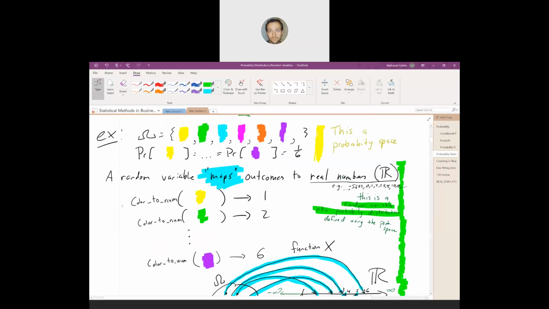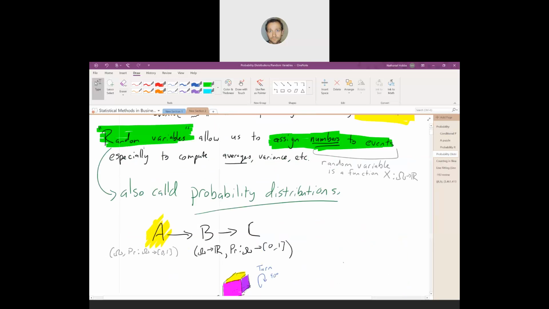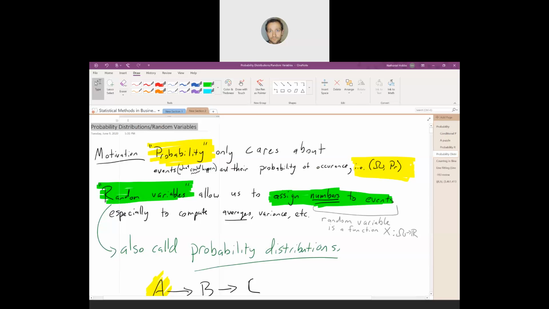First of all, just a quick recap. Probability distributions and random variables, again, the same thing, are built on top of probability spaces. Probability spaces only care about events and the probability of those events. But the events themselves can be anything you want. They can be colors, descriptions, sentences, videos, literally anything.